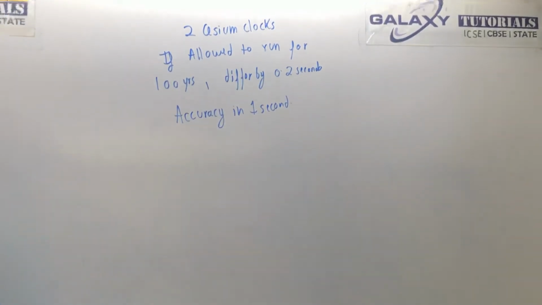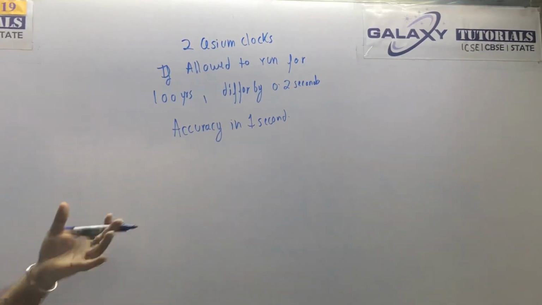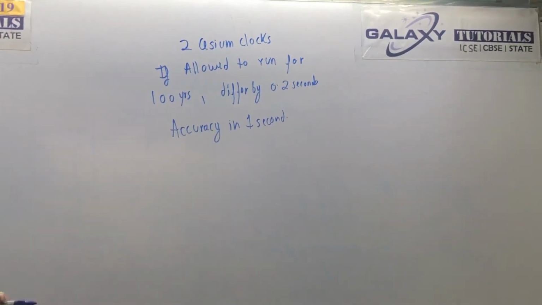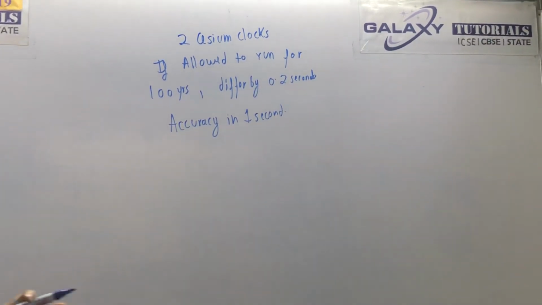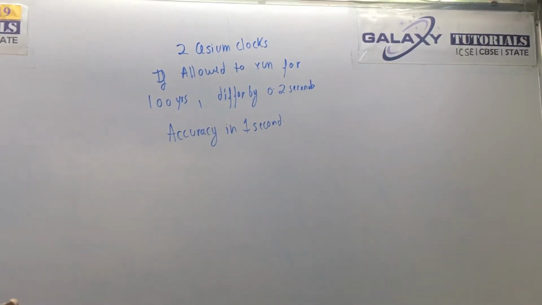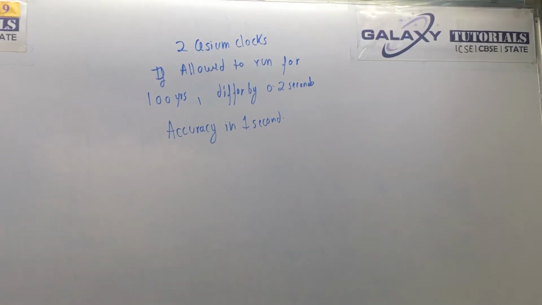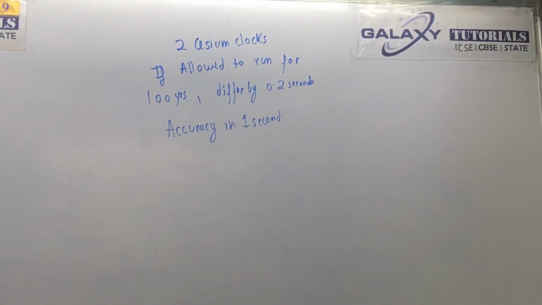First of all, I will tell you that accuracy is basically the inverse of error. If you find the error in 1 second and take the inverse of that, you will find the accuracy, how accurate that clock is. Lesser the error, more the accuracy.